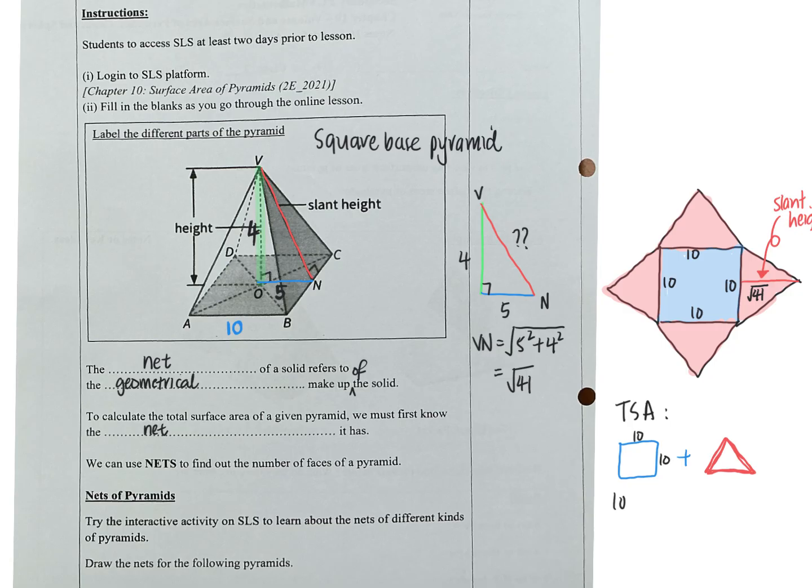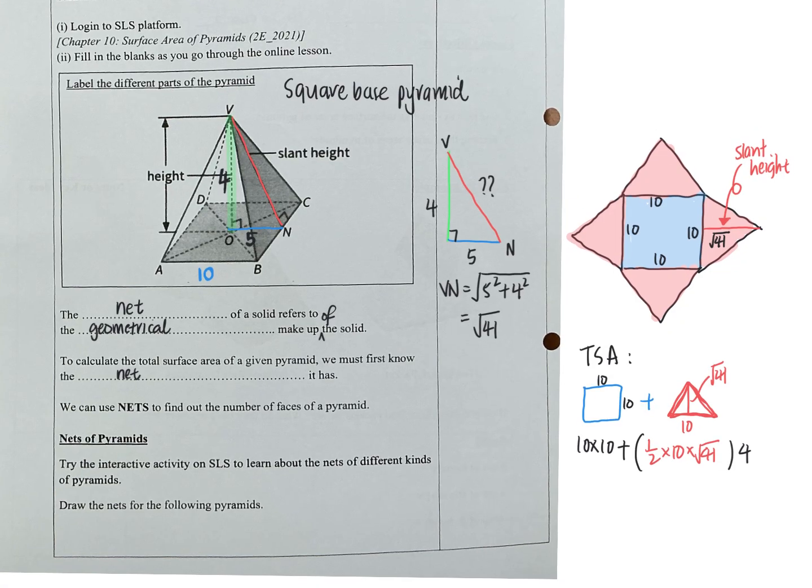So this is 10 times 10. This one I know is square root 41. This one base is 10. So half times base times square root 41. So I have 4 of them. I multiply by 4. So this will help me find the total surface area of your pyramid.